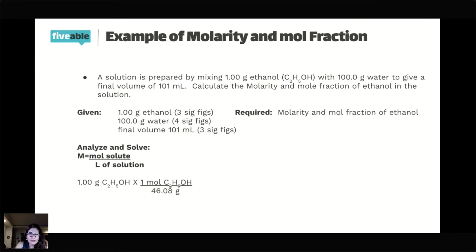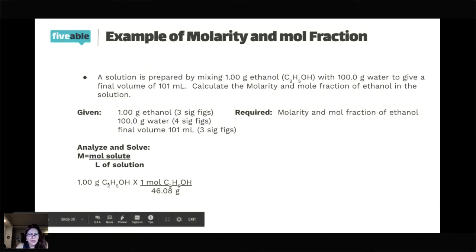If you don't remember how to do this, you get the molar mass of carbon, which is 12.01 multiplied times 2, then get the one of hydrogen, which is 1.01 multiplied times 6, since we have 6 atoms of hydrogen, and then get the one of oxygen, and it's only 1 atom, so 16, and then you add them all up and you will get this value. So by having this conversion factor, we're canceling grams and we have moles.